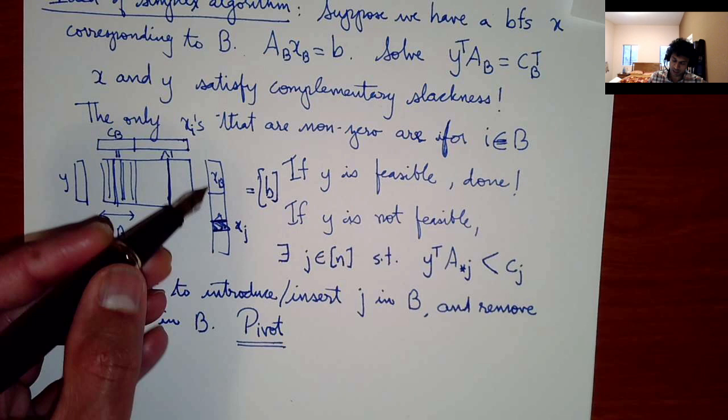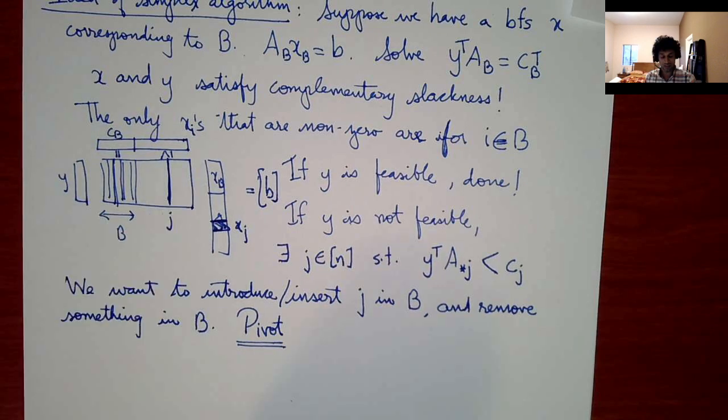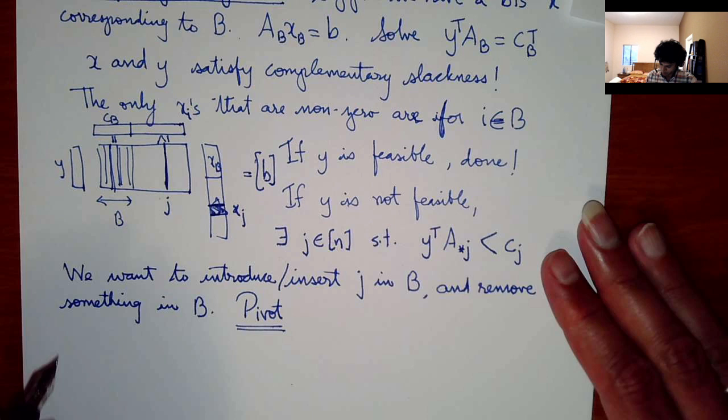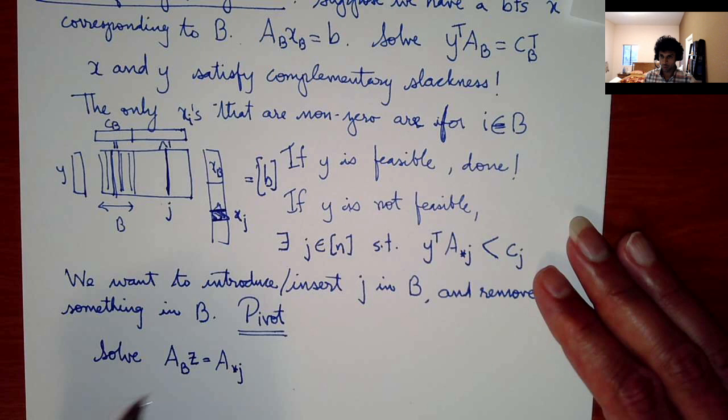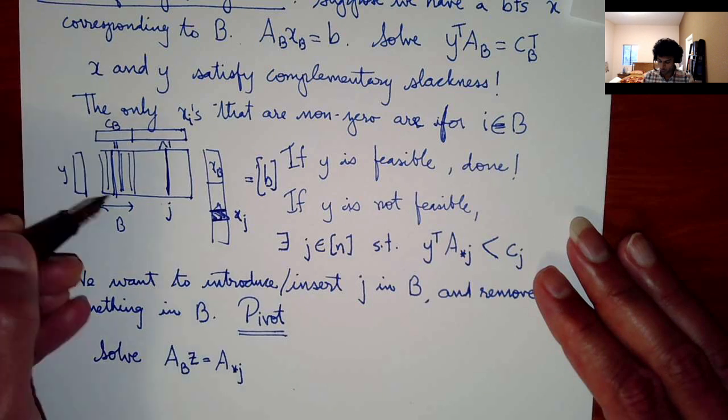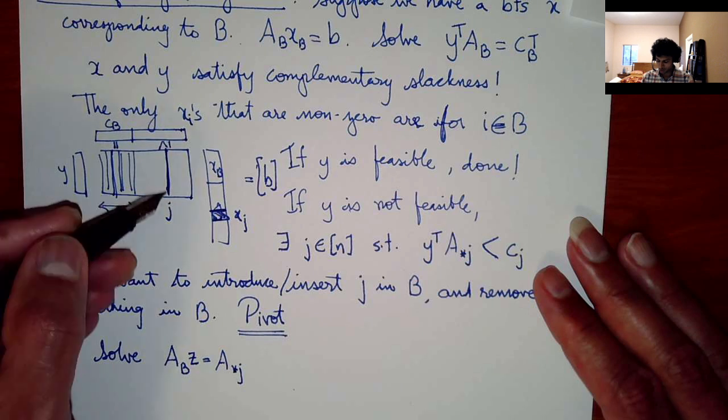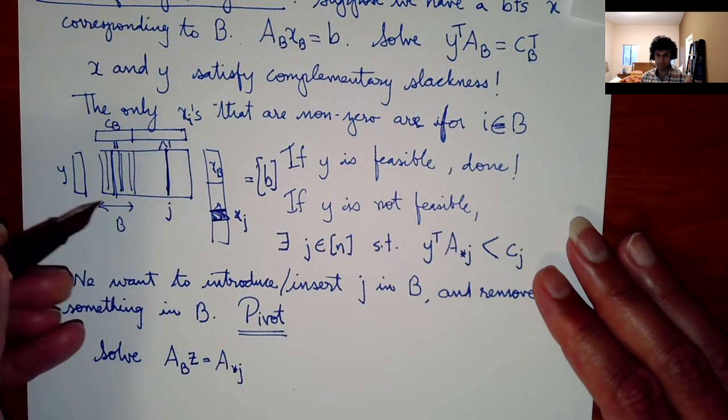And how do we find out how to compensate? This is exactly how the previous proof goes. So let's actually solve A_B z equal to A star j. What does this mean? Because the columns of B are a basis, I can write A star j as a linear combination of the basis columns.